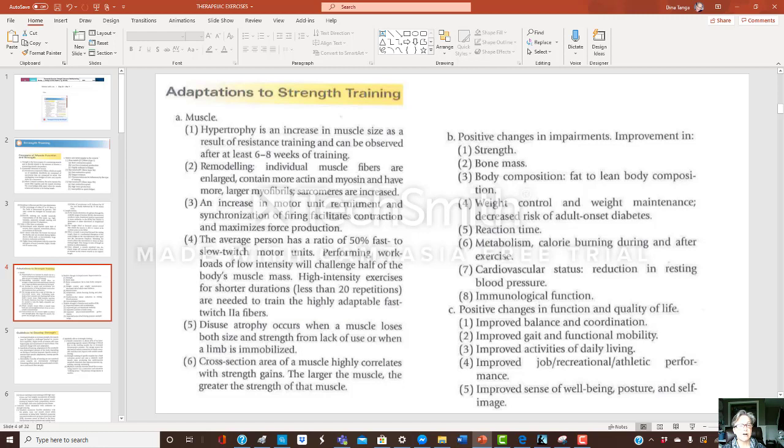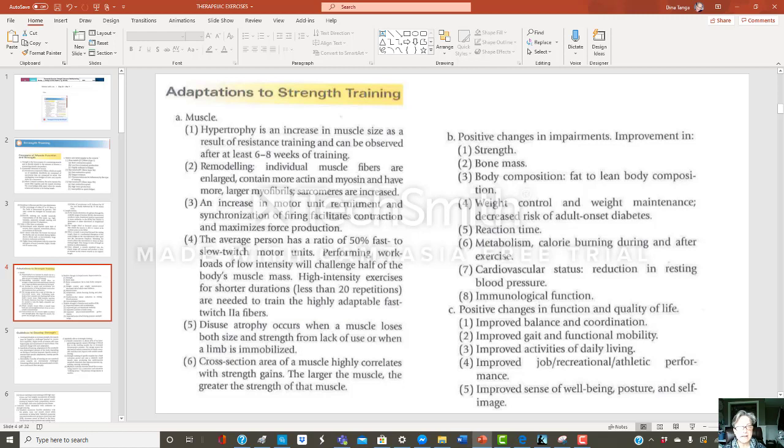Individual muscle fibers are enlarged, contain more actin and myosin, and have more larger myofibrils. Sarcomeres are increased. An increase in motor unit recruitment and synchronization of firing facilitates contraction and maximizes force production.